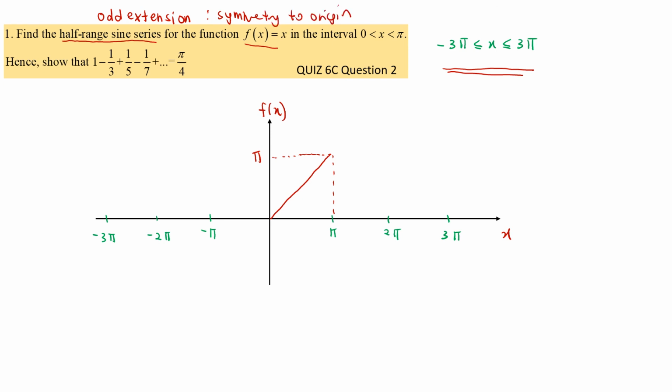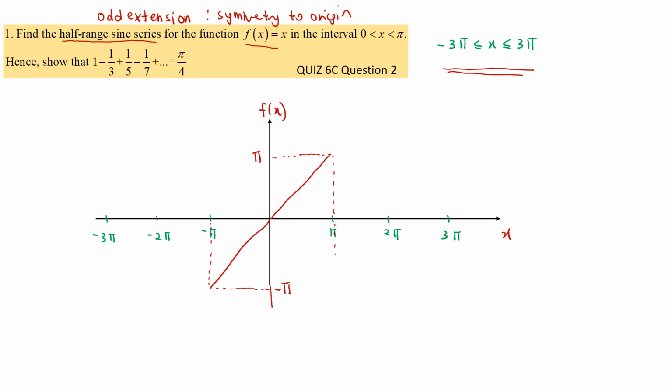Now we can plot the graph from negative pi to 0. We know that from 0 up to pi, the graph is like this, so it is symmetric about the origin. So it's just a straight line here where the value of f of x equals negative of pi.